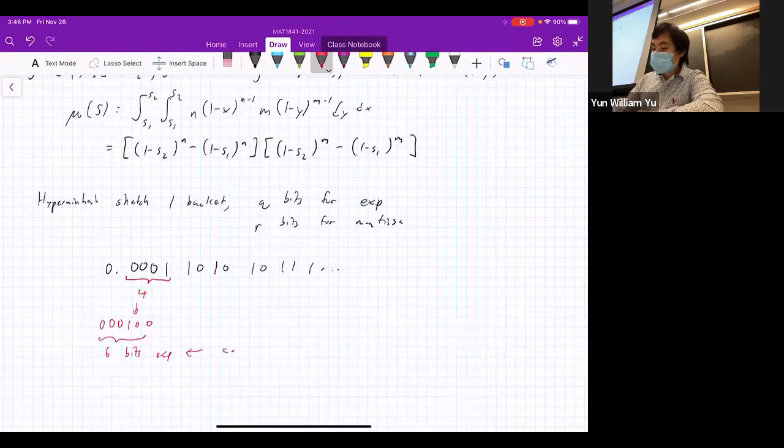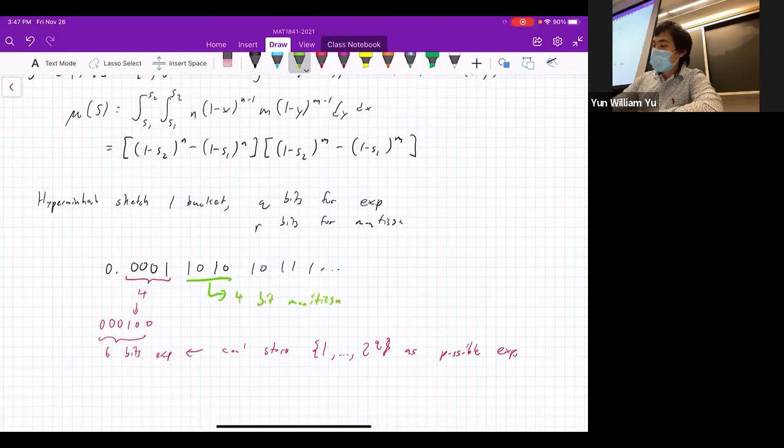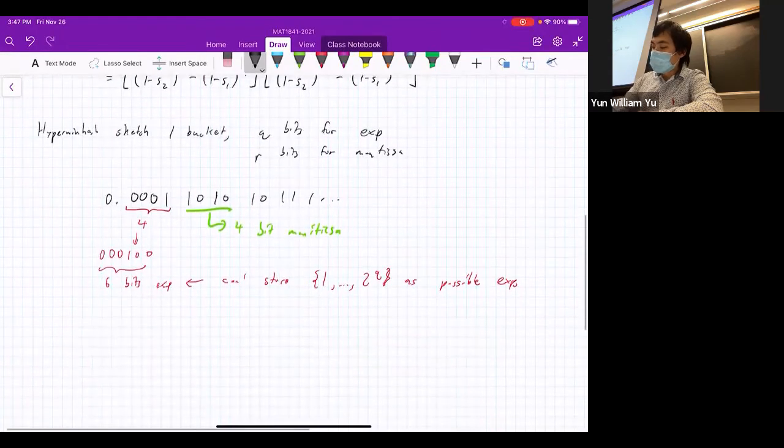But of course, you can store any value from 1 to 2 to the q as possible exponents. And we can have something like here, which is going to be our mantissa, so a 4-bit mantissa. And we can combine these two things together, and we can encode it as just, let's say, i and j.